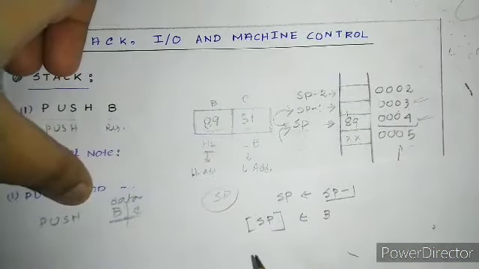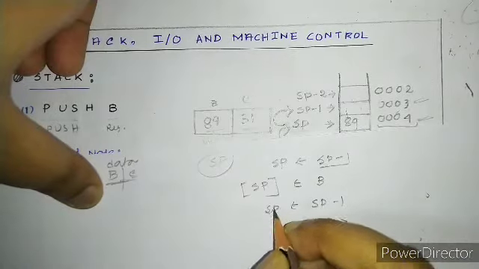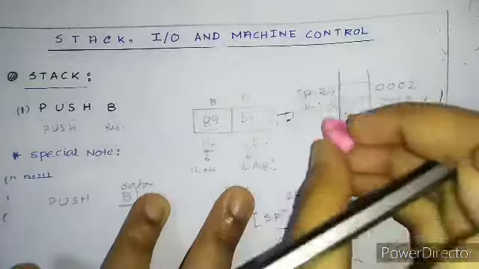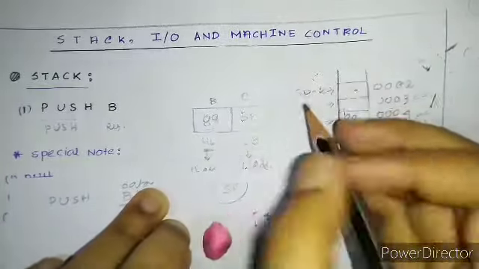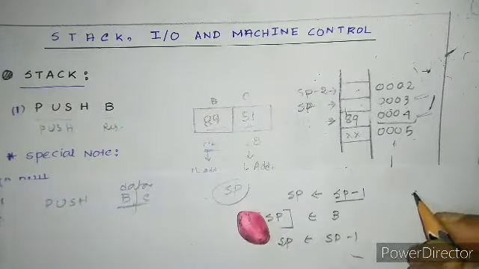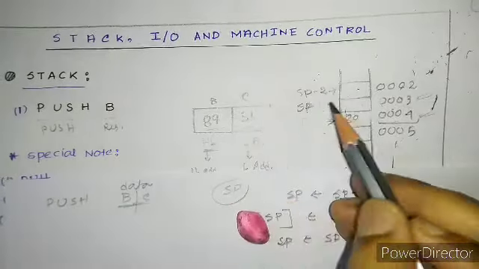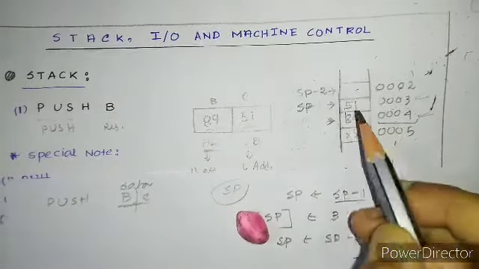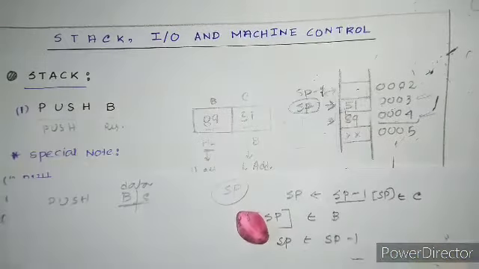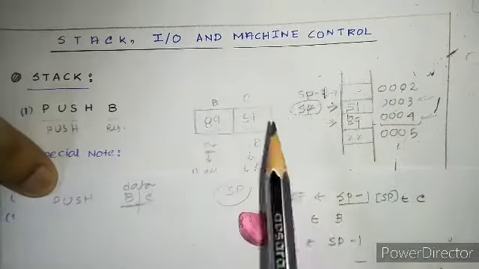So what do I have to do again? Make SP minus 1 your SP, so this will also get removed, and now this will become SP. Insert the value of C at SP. Get the value 51 into this, and this will become your new SP. This is how we insert the values of B and C in the stack.